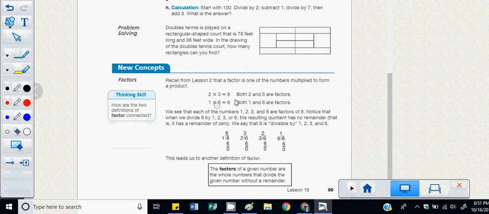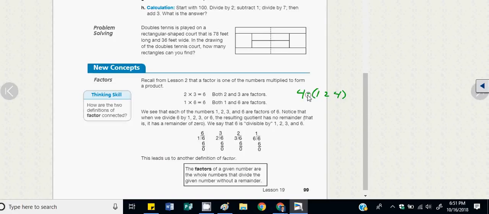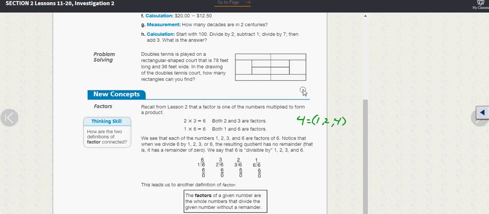How about 4? Composite because of 1 and 2 and 4, because 2 times 2 is 4. Its factors are 1, 2, and 4. How about 36?